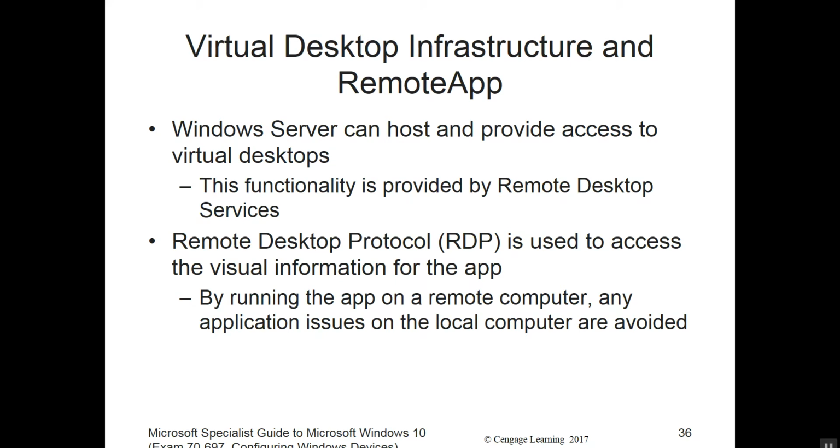Now, virtual desktop infrastructure and RemoteApp allow Windows Server to host and provide access to virtual desktops. This functionality is provided by Remote Desktop Services. The RDP is used to access the visual information for the app. By running the app on a remote computer, any application issues on the local computer are avoided.